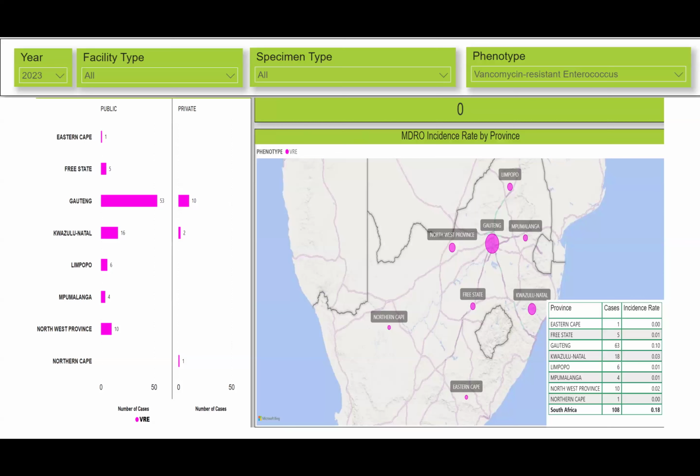Then I've taken this data from the NHLS, the NICD dashboard rather. This is from 2023, and we've reported about 108 isolates of vancomycin-resistant Enterococcus, the highest of which was in Gauteng with 53 isolates in public and 10 in private.